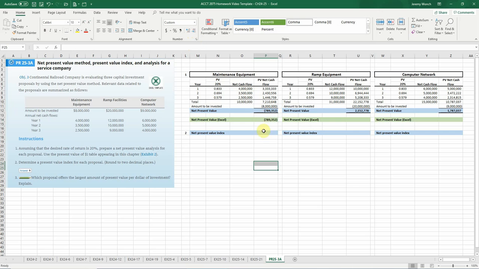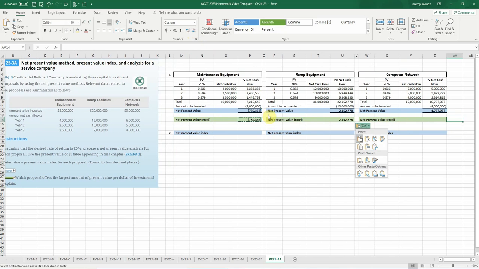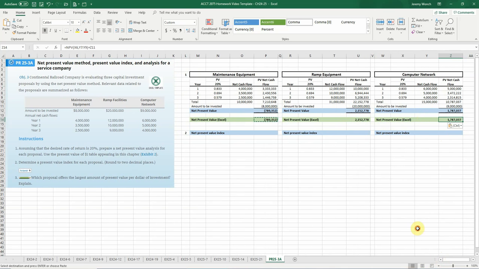Which gives us the exact same net present value. So you can either build a table to come up with the net present value or use the net present value function. So we can actually just copy this. And so you can do it either way.